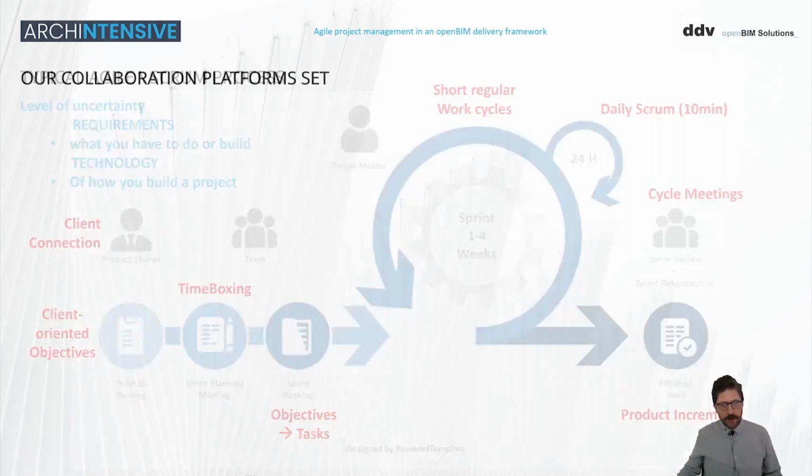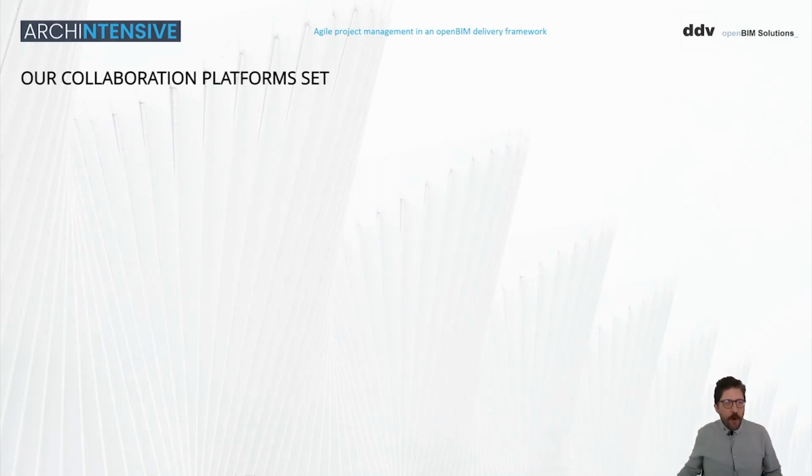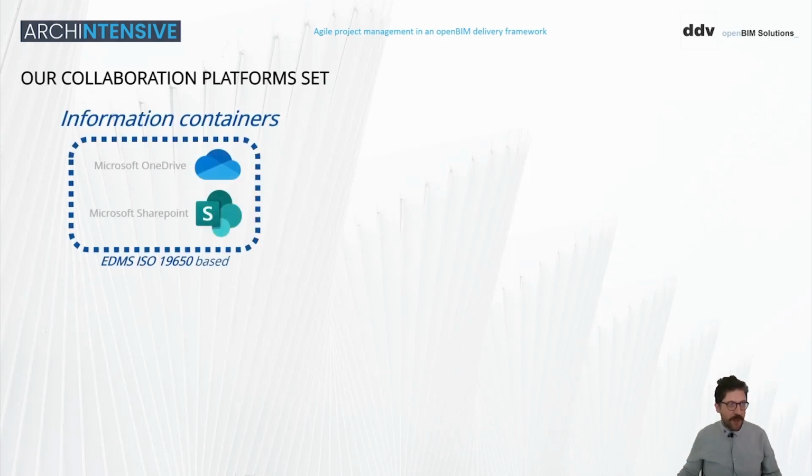So how in DDB are we applying this approach? I will show you our set of collaboration platforms, and you will find some of the alignments between these platforms and the different methods, BIM and Agile.